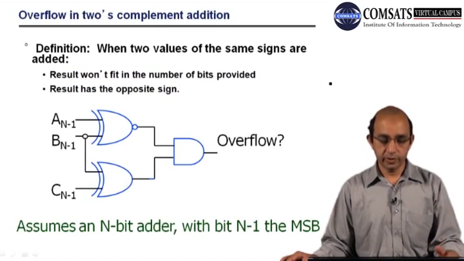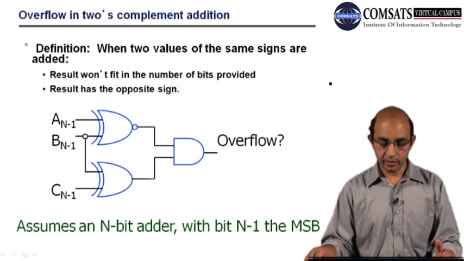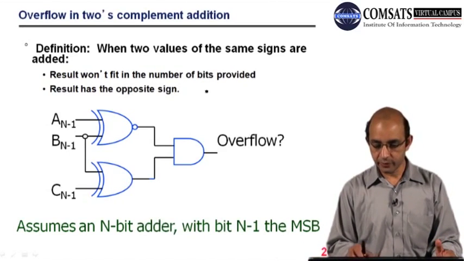Okay, so let's talk about the overflow. Whenever we have two binary numbers, for example a and b, and we have a 4-bit binary number, I have to add them.